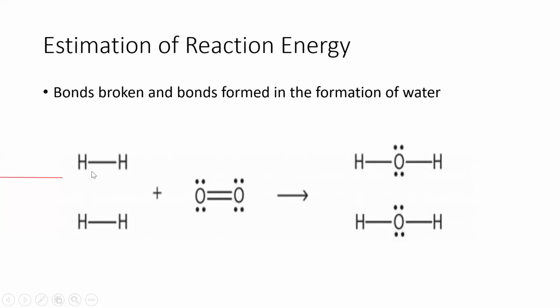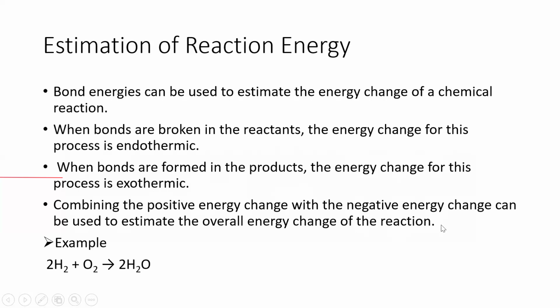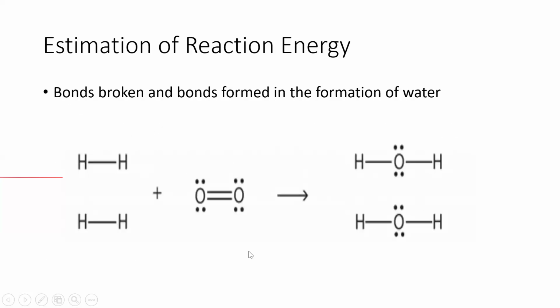So here you need to break this bond and that bond. And now this one too, you need to break it, and then form 2 moles of water. This is 1 mole of water, another mole of water. Let's go back. 2 moles of hydrogen, 1 mole of oxygen, 2 moles of water. So now here, 1 mole, 1 mole, 1 mole. So here is 2. So you break it.